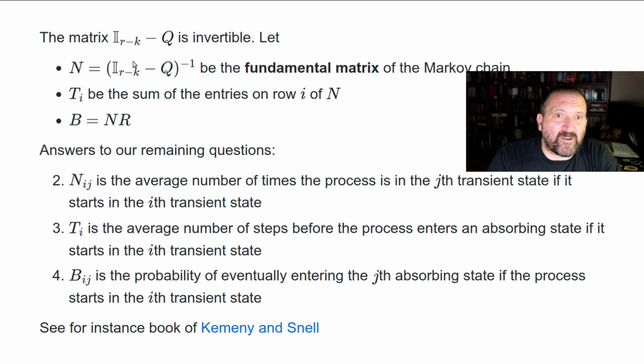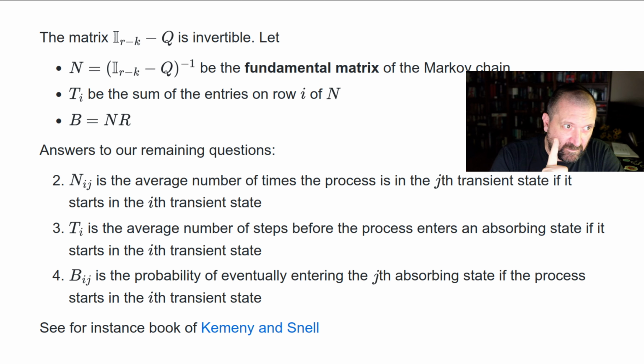The fundamental matrix, the inverse of identity minus Q, contains the average number of times the process is in the jth transient state if it starts in the ith transient state. T contains the average number of steps before the process enters an absorbing state if it starts in a transient state.